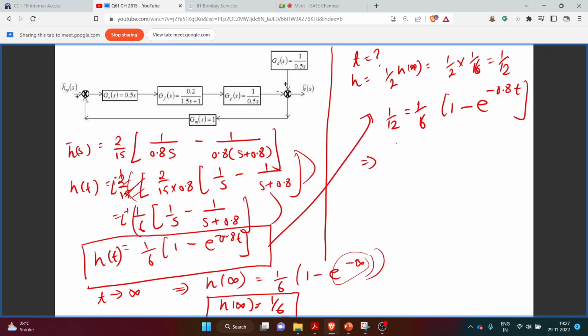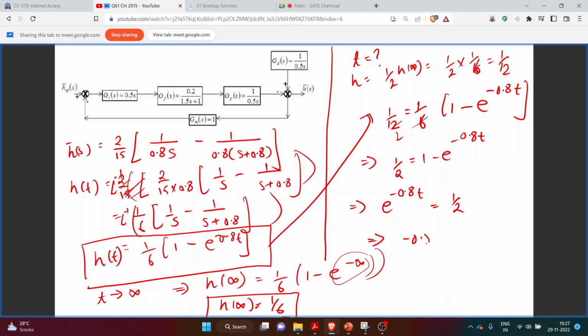So this will become 1 by 2 is equal to 1 minus e raised to minus 0.8t, that is e raised to minus 0.8t equals 1 by 2.